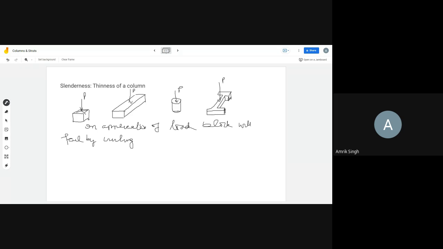Okay. Now, if the column is long and slender, what does it mean? Long and slender means, suppose the length is very large and the thickness is small.